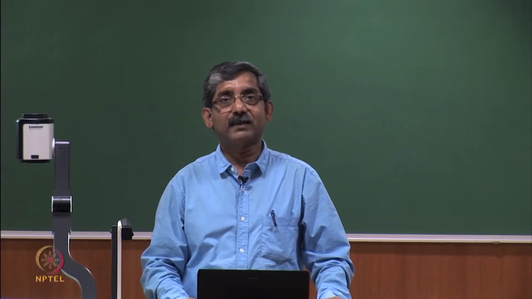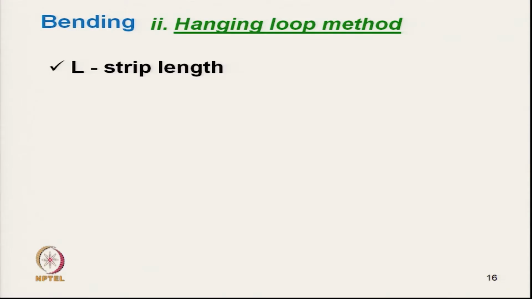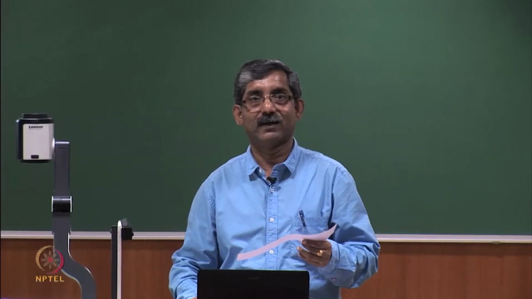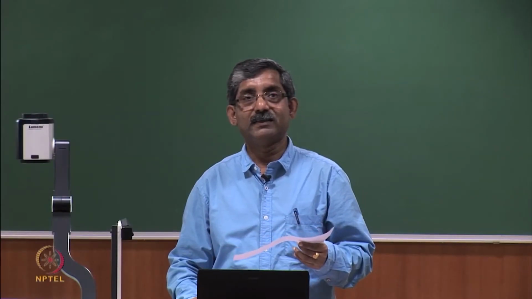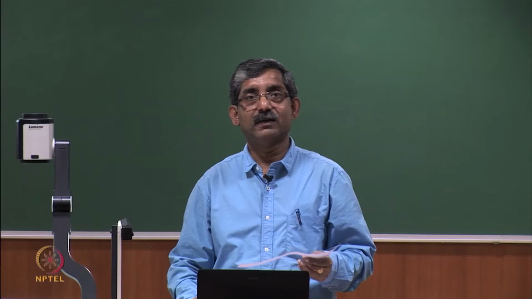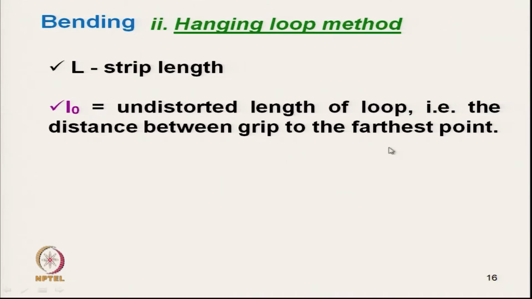So, L is the length of the strip. L0 is the undistorted length of the loop, that is the distance between the grip and the farthest point.